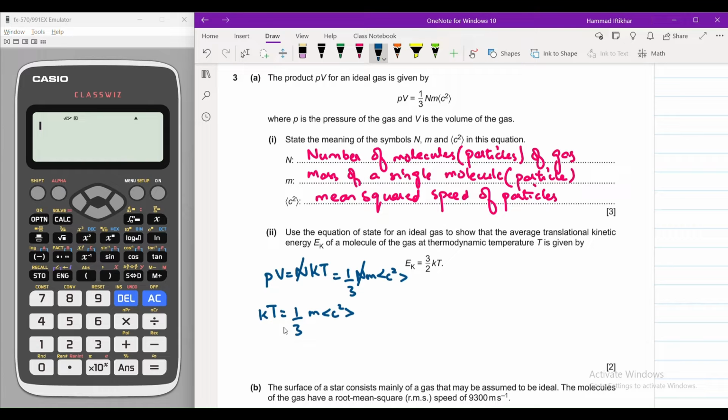So we take 3 to the other side, that becomes 3kT is equal to mc squared, and since EK is equal to half mv squared, we need half mc squared equal to 3 over 2 kT.